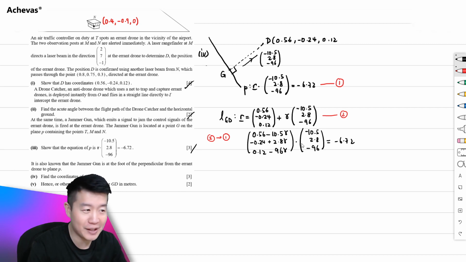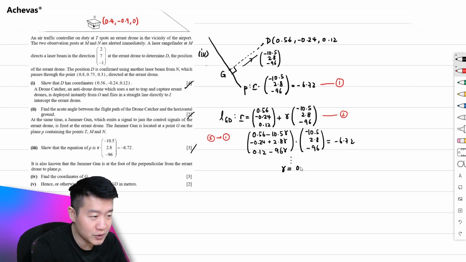If you expand the dot product, I'm going to skip, there are so many numbers here, it's just this multiplied by this plus this multiplied by this plus this multiplied by this equal to this, making gamma the subject. Gamma will be equal to 0.0012162.